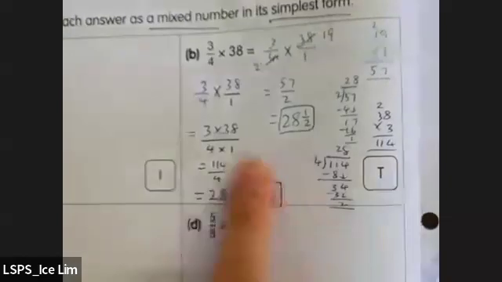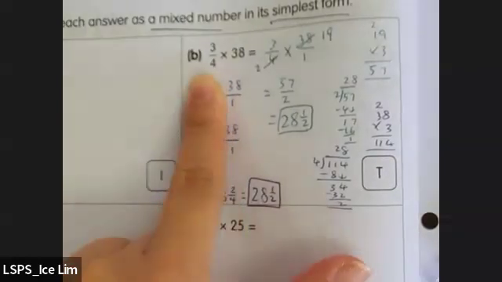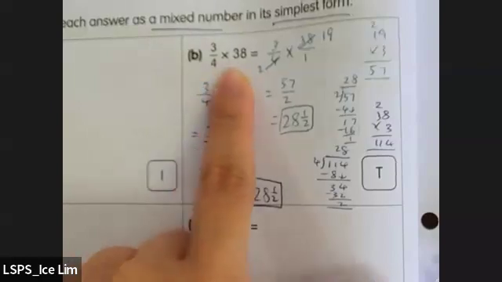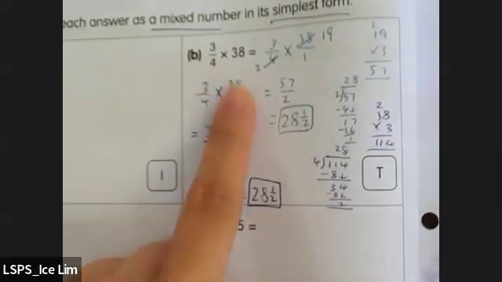So this one is, everybody, can you read to yourself? Proper fraction times whole number. Proper fraction times whole number.